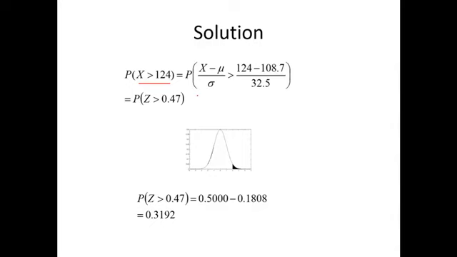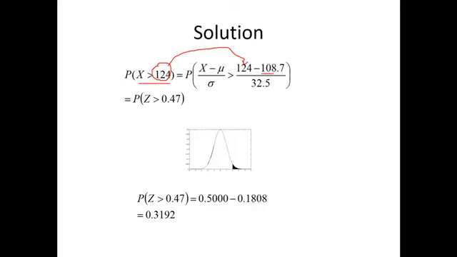Well, in order to do a normal calculation, I massage this data so that it is in standard form. I take the z-score of this event. So I subtract the mean and I divide that difference by the standard deviation. This 124 comes from here.